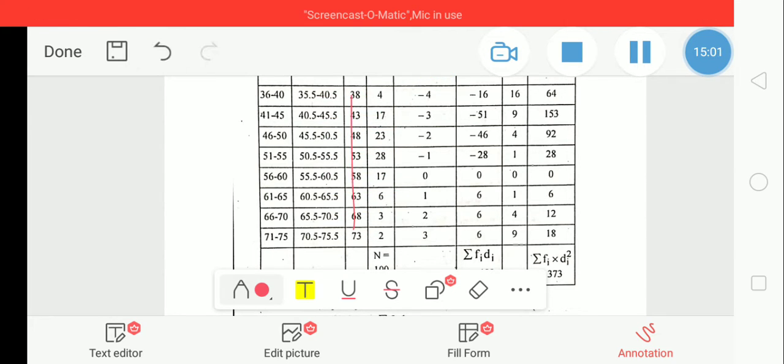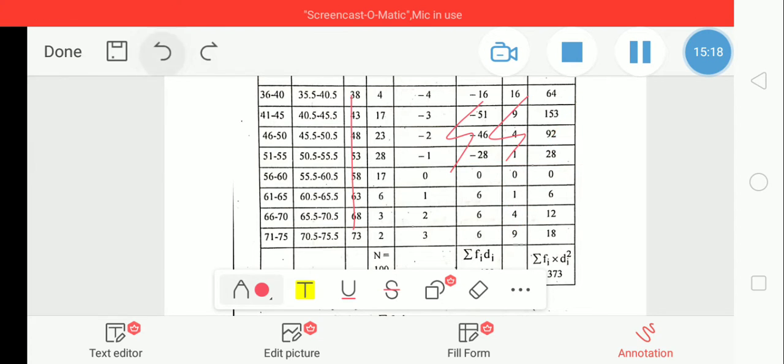So the sum of all of this is 444. 444 divided by 8 gives 55.5.